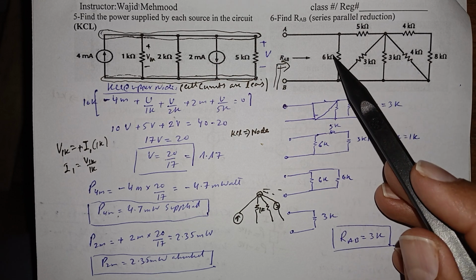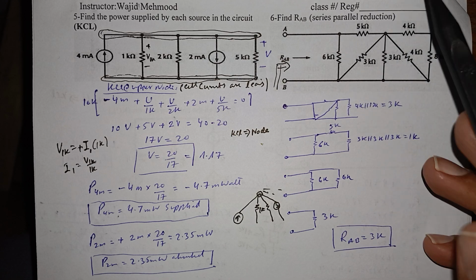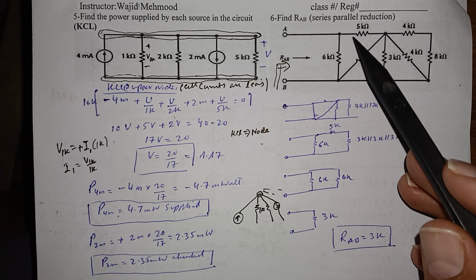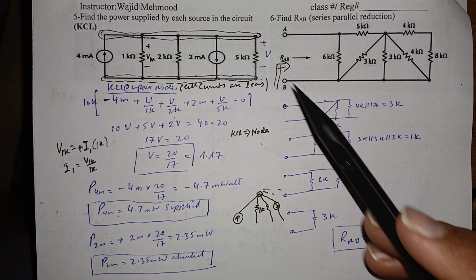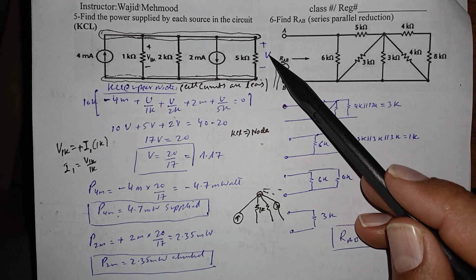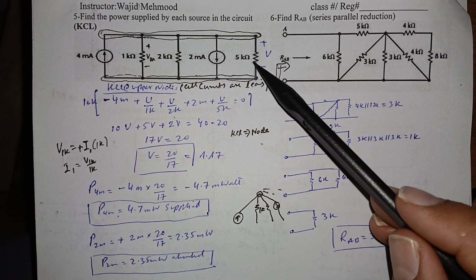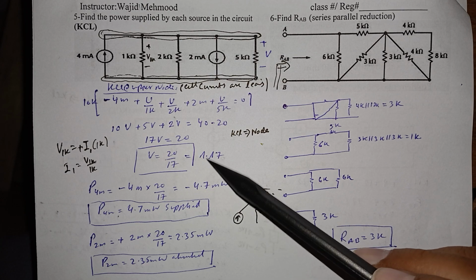But you cannot reduce these two resistors because the current is being divided. The other condition is that it should be between the same two nodes, because as I have discussed here, in a node pair the voltage is the same. If it is V, all of them would have V volts, and we have found that already here.